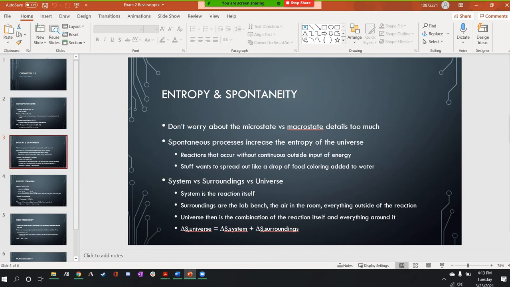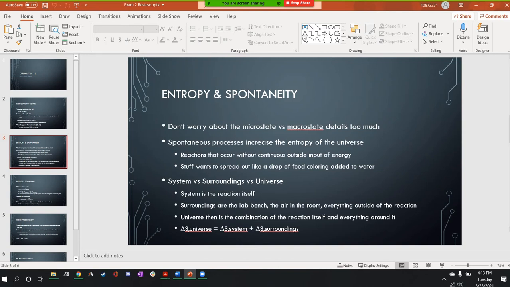Even the definition of spontaneous can be kind of confusing, I think. I have literally reread this a dozen times over the years because I always get a little mixed up. But I think really it's simple. A spontaneous reaction is one that happens without continuous outside energy being added.